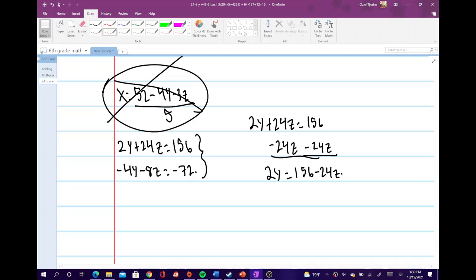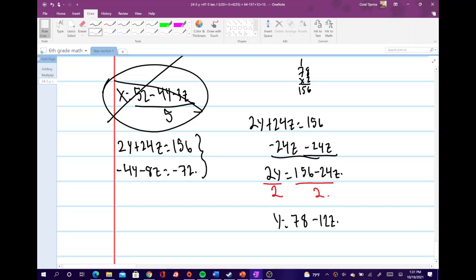And we divide both sides by 2. Doing so, that will give us 78, so y equals 78 minus 12z.